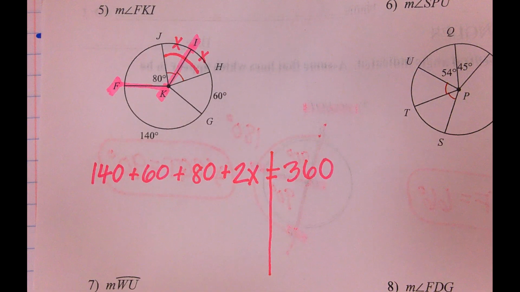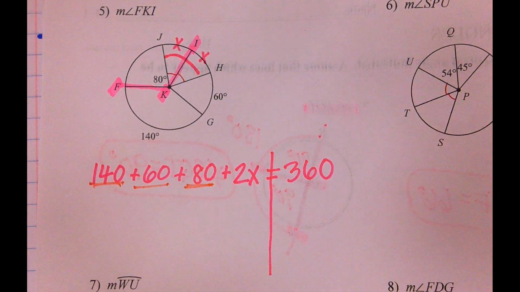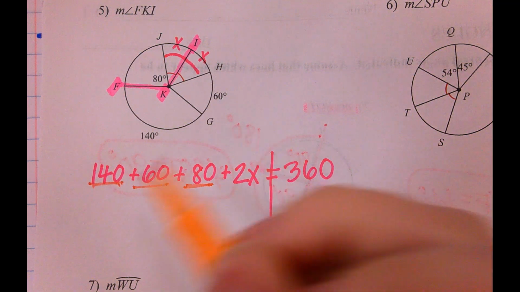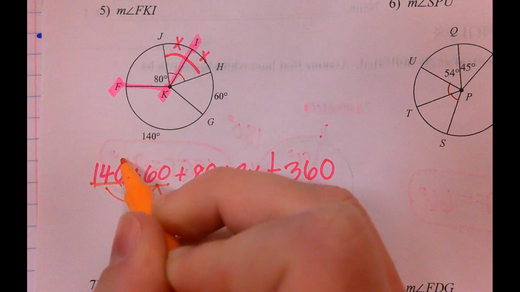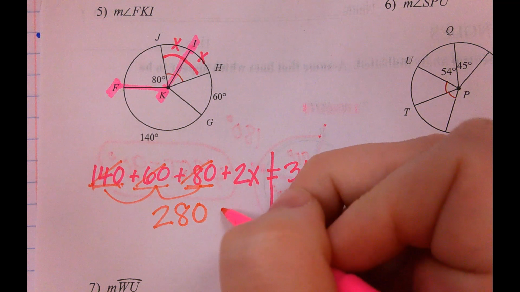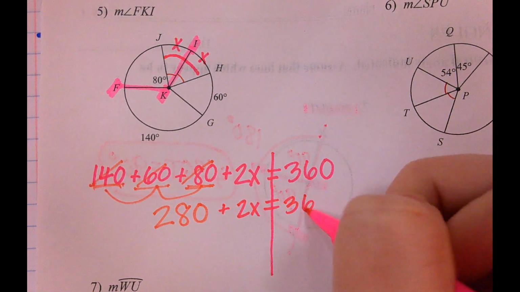Combine like terms. Yeah, let's combine our like terms. 140 plus 60 plus 80 equals 280. Plus your 2x equals 360. Good. Plus 2x, bring everything down, equals 360.